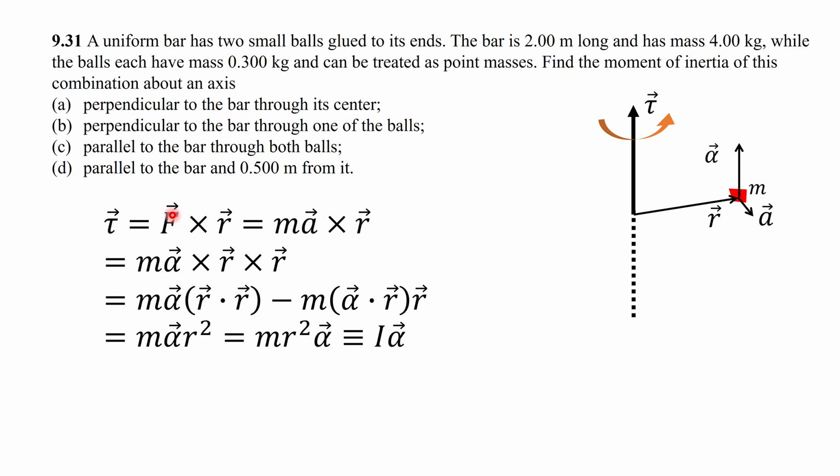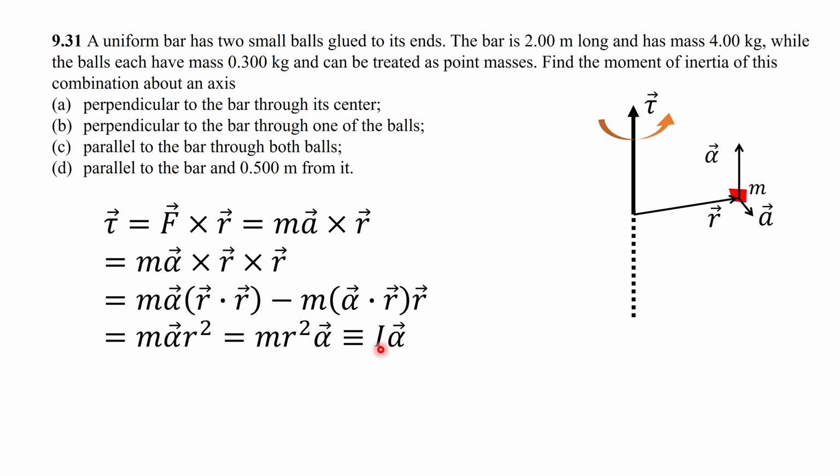Then we don't use force to do the calculation, but we use torque. So these are the new parameters we use to describe angular motion. If we know the angular motion and we know the moment of inertia, then we can calculate the torque. So this is the calculation for the moment of inertia for the point mass.